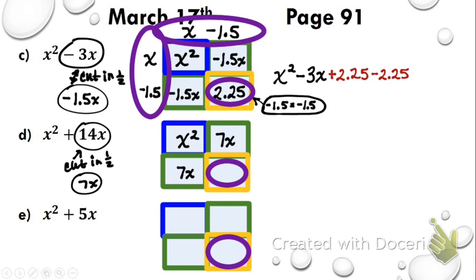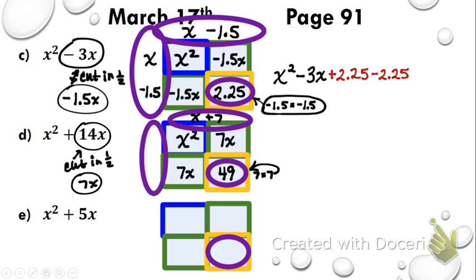So what do I need to finish this out? I need 49. 7 times 7. So how big are each of my sides? Yep. X plus 7. And the other side is also x plus 7.